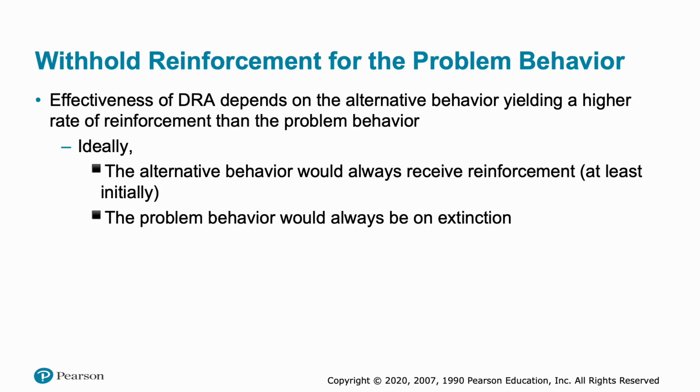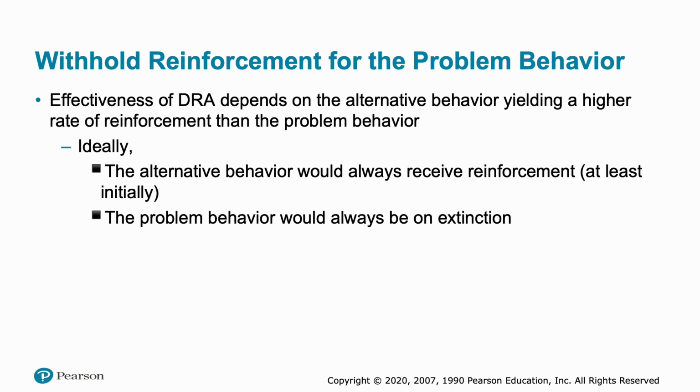And as I've been mentioning throughout the last few slides, you also want to make sure that you are withholding reinforcement for the problem behavior, because the effectiveness of DRA is going to depend on the alternative behavior yielding a higher rate of reinforcement than the problem behavior. Ideally, the alternative behavior will always receive reinforcement, at least initially.